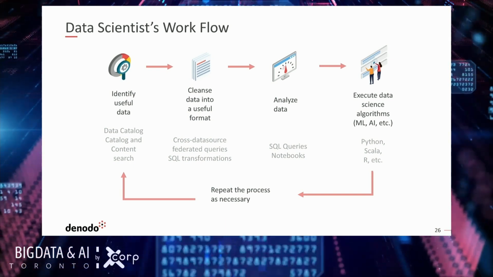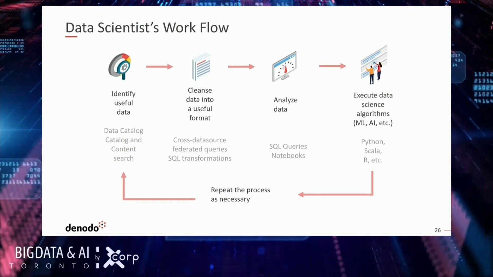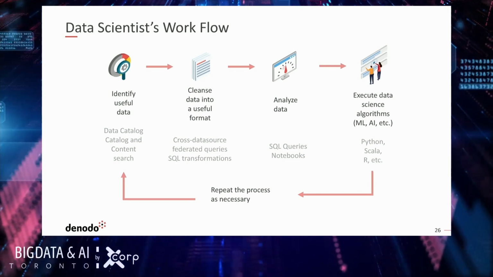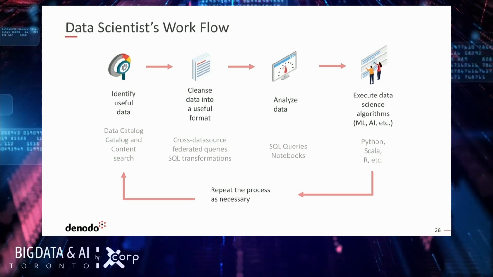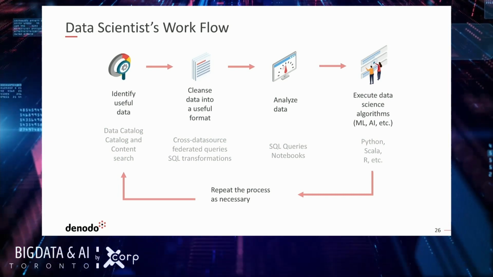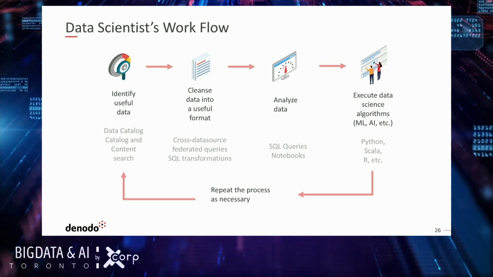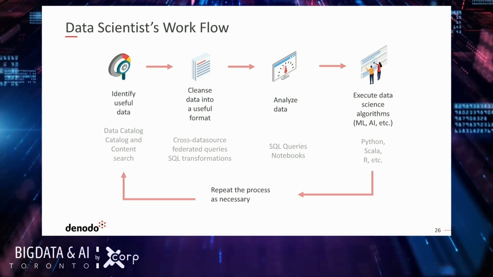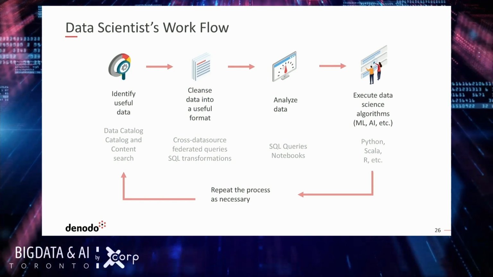Now, unfortunately, data scientists spend a lot of their time doing the first two activities on the left and not enough time doing their analysis and algorithm work. So Denodo can help in a few ways. First, we can provide a data catalog where we can search the virtual layer and easily find data.